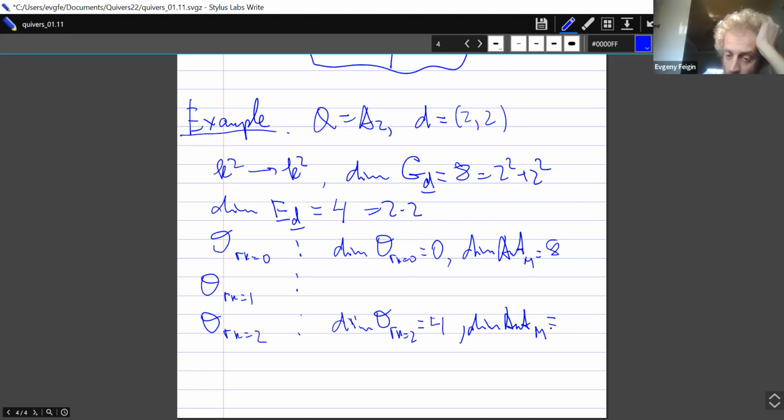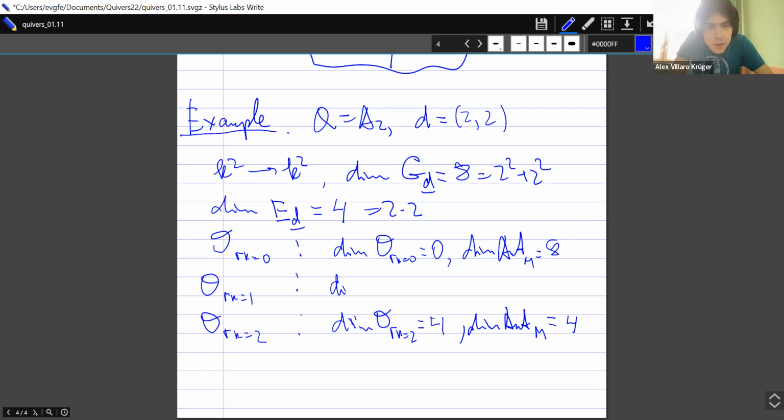Yeah, but you see, we take some representation from the orbit, and we are asking what are the elements of the group which somehow preserve this element. So it should be 4, because we have one matrix that we multiply from the left and then another one from the right. And this agrees with the claim that 4 plus 4 is 8.